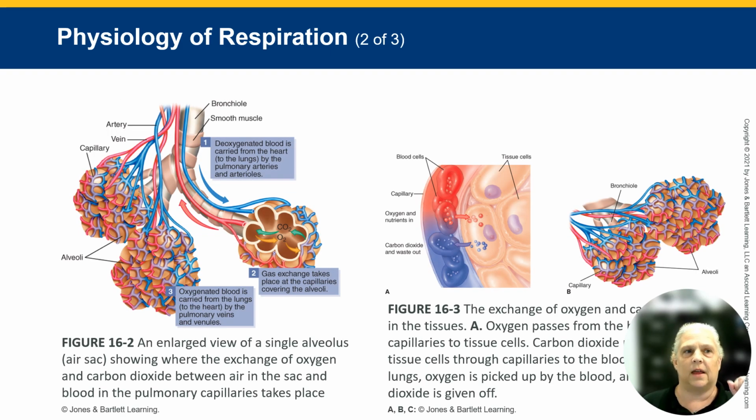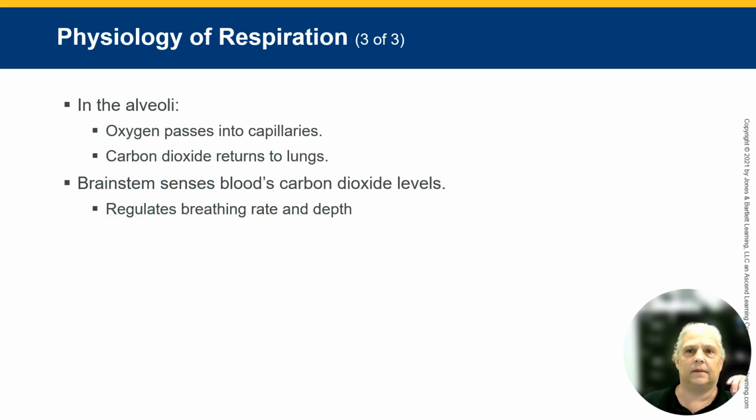This is the physiology of respiration, showing the exchange of oxygen and carbon dioxide within the alveoli. The alveoli are lying against the pulmonary vessels, the pulmonary capillary vessels to be specific. Oxygen is able to pass through tiny passages through the alveolar wall into the capillaries through the process of diffusion.